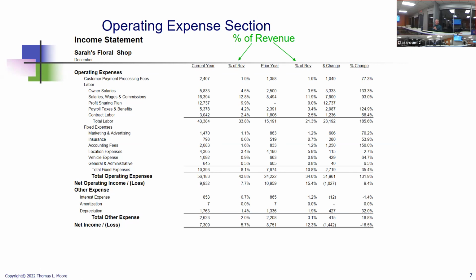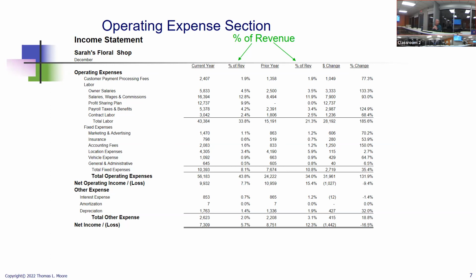Now, there can be some argument that all labor is a variable expense. And that's not exactly true because, for example, owner's salary, right? That's more of a fixed expense. You would expect the owner to take a salary regardless of whether sales go up or sales go down.